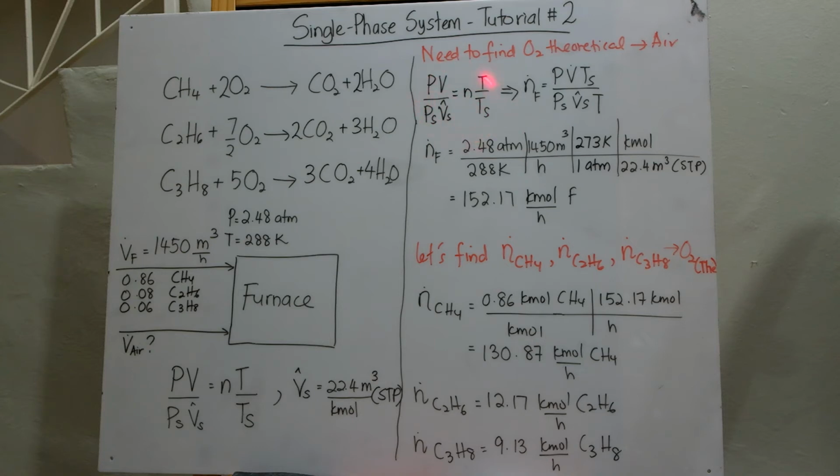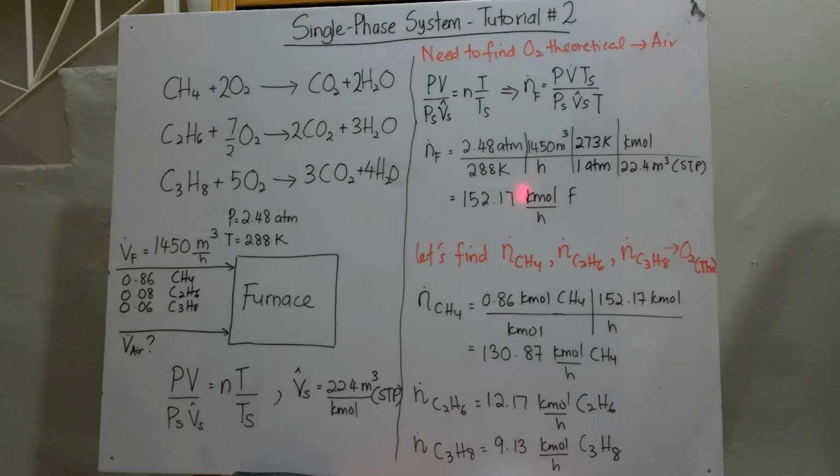When we readjust this equation, we get the molar flow rate of fuel equivalent to P times V, the volumetric flow rate, times the standard temperature, divided by the standard pressure, the specific molar volume standard, and also times T. We just plug in all the values that we already know into this equation, then we obtain the molar flow rate of fuel, which is 152.17 kmol per hour of fuel.